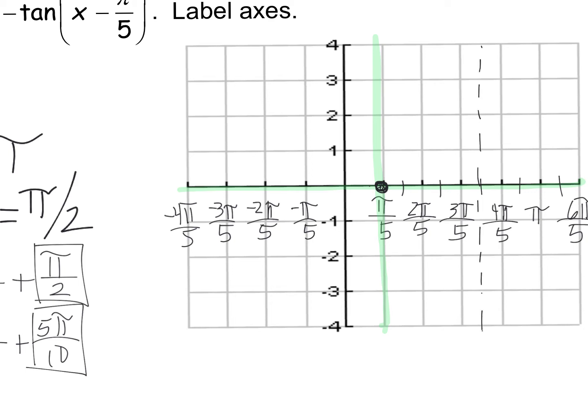And then I go 2.5 from there. 1, 2.5 gives us my next 0. And then same in the other direction. 1, 2, 2.5. Well, let's first make these. So 1, 2.5. It's going to be an asymptote.